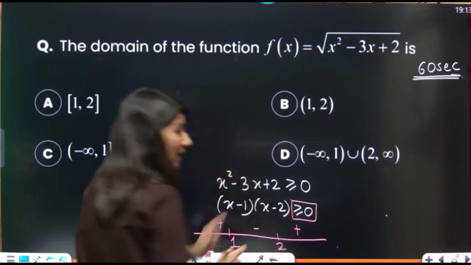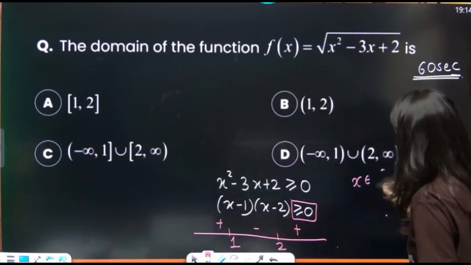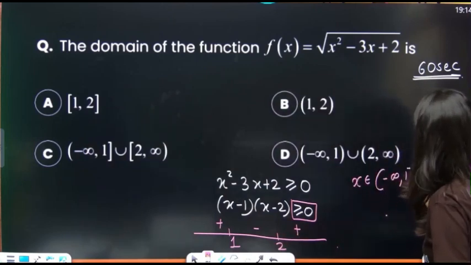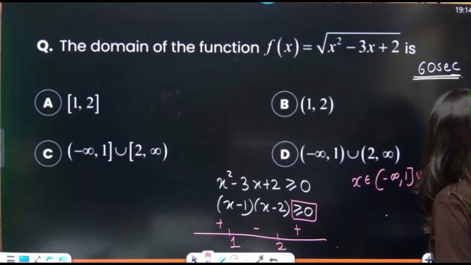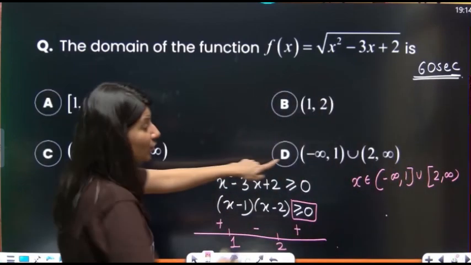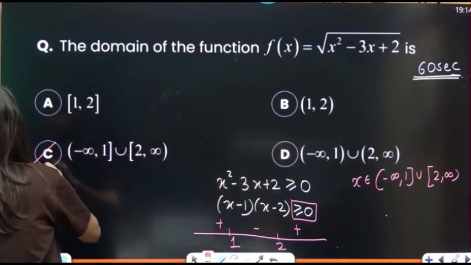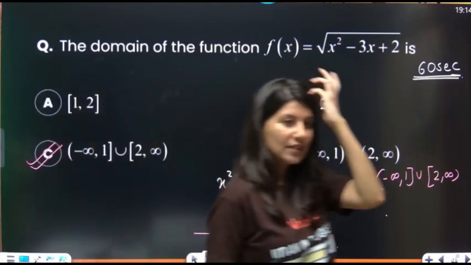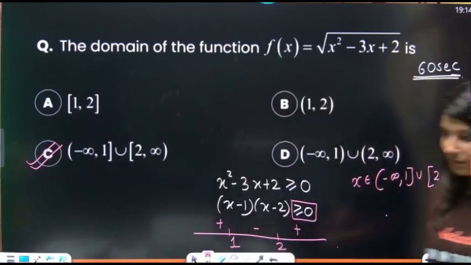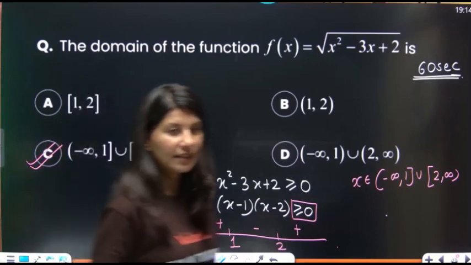And from here, greater than or equal to 0 means positive. So finally, x belongs to minus infinity to 1, union 2 to infinity. D option is incorrect because of the open bracket, there is an equality over here. So C is absolutely correct. Yes. Clear?